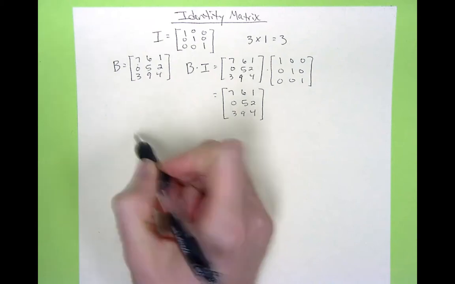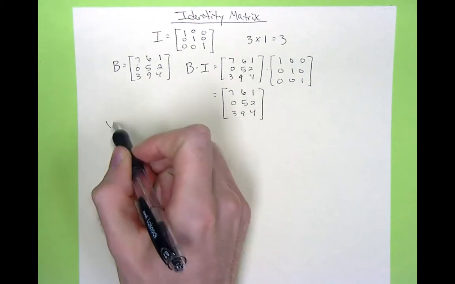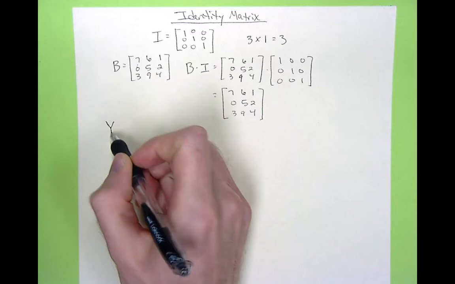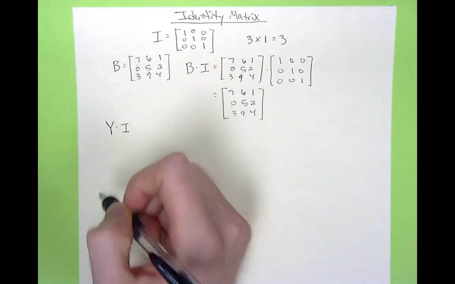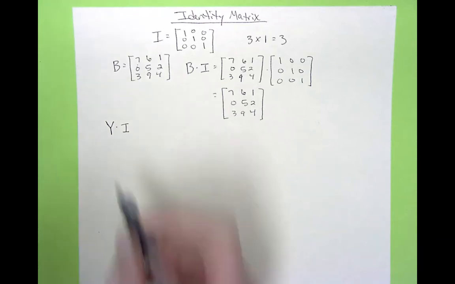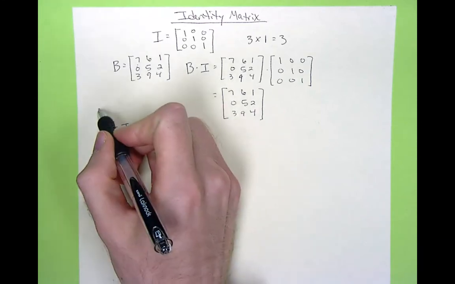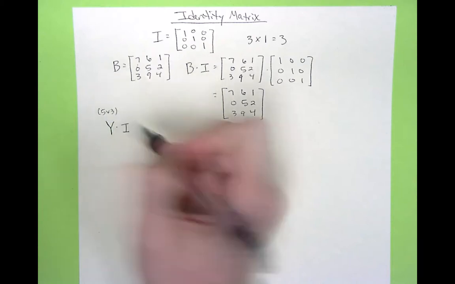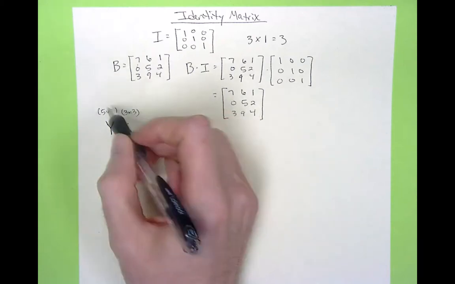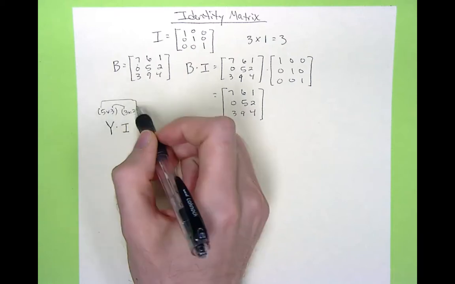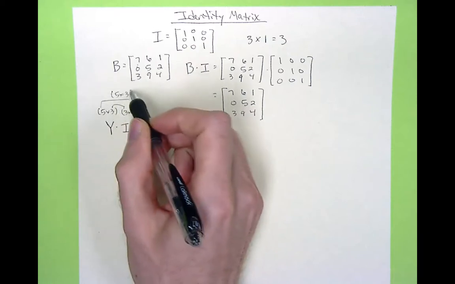To post-multiply Y by I, I must be a 3 by 3 matrix, because Y is a 5 by 3. So I must be a 3 by 3 to get another 5 by 3 matrix.